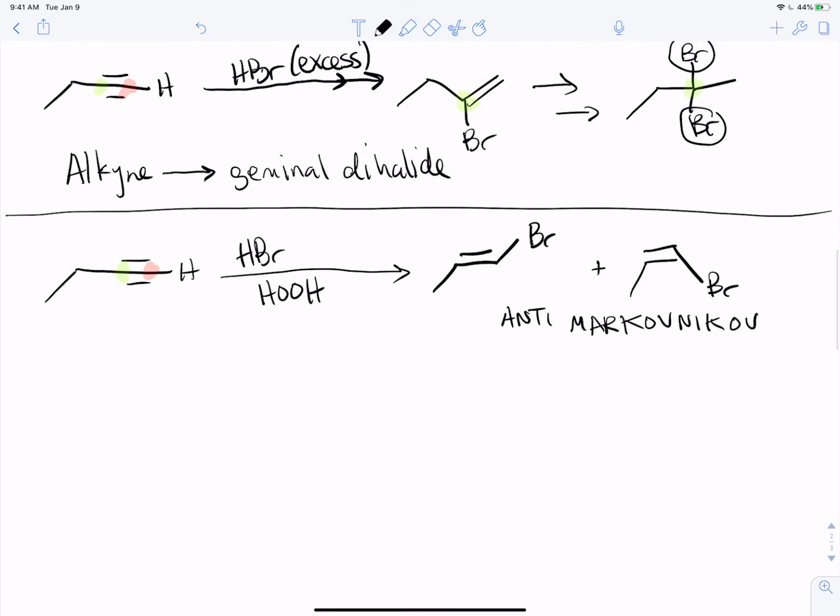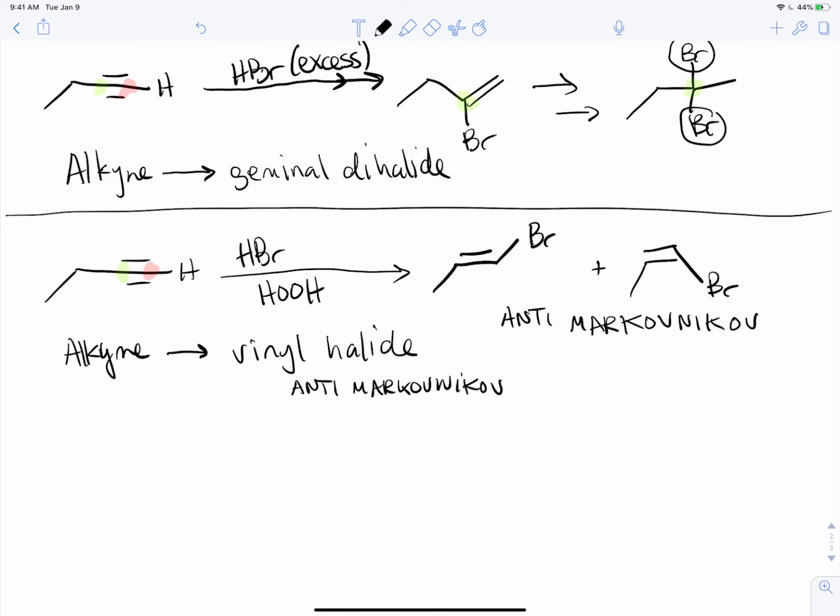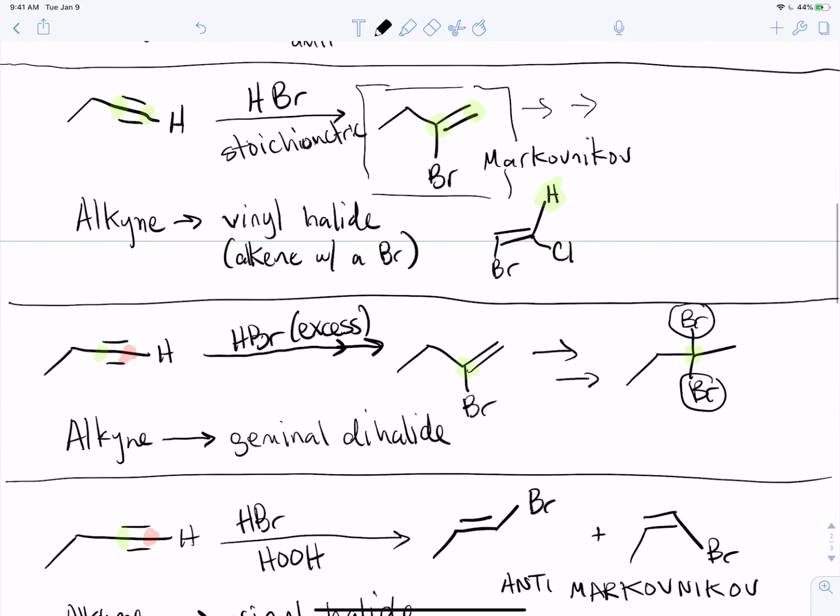And so here we have an alkyne going to a vinyl halide, but you have to note somewhere that this one goes anti-Markovnikov. So yeah, when you come up here, make sure that you have in your notes, Markovnikov.